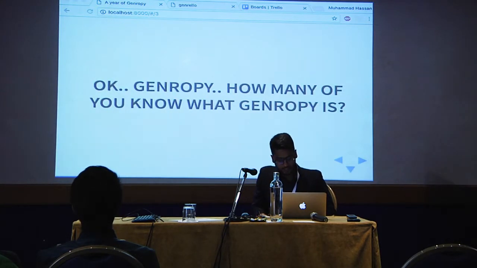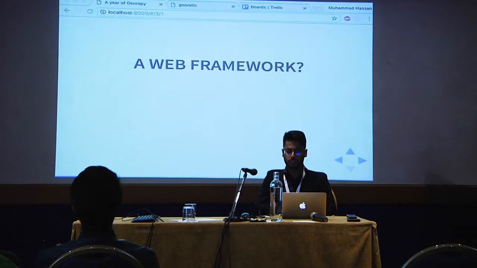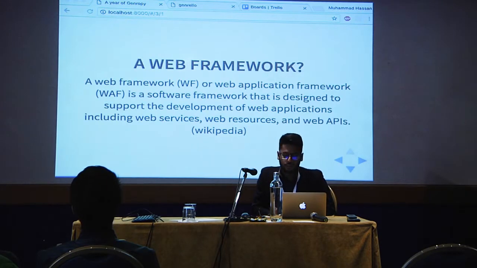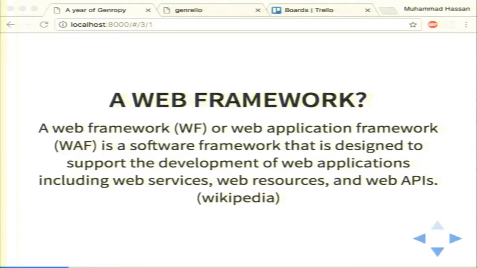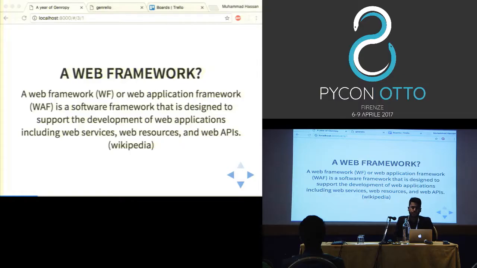What is Genropy? Genropy is a web framework. What is the definition of a web framework? A web framework or web application framework is a software framework designed to support the development of applications including web services, web resources, and web APIs. That's from Wikipedia. So maybe someone could ask, what is the web then?